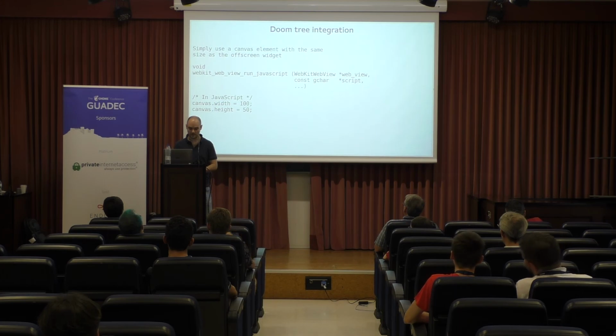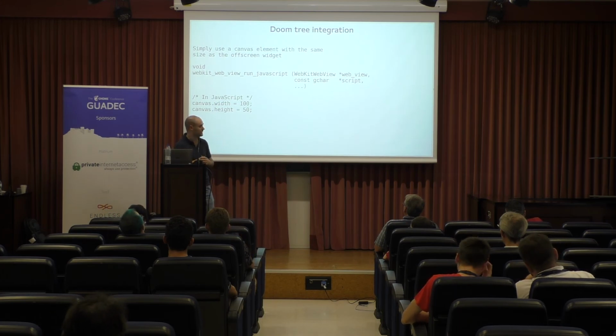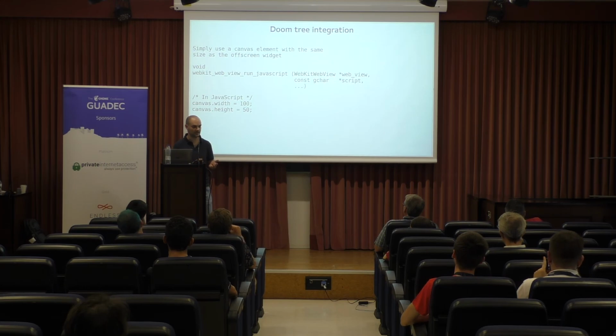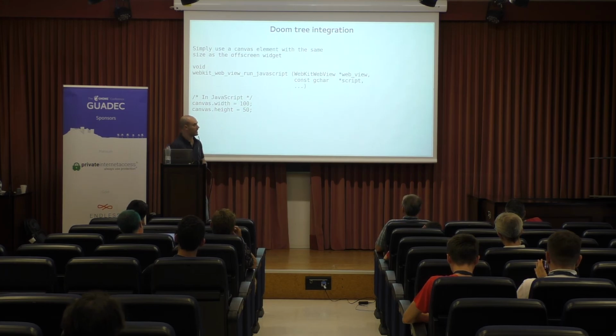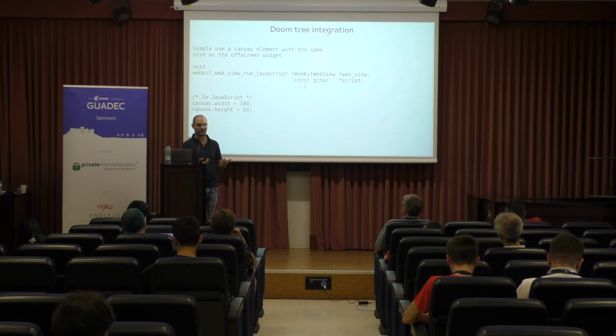So one of the things, if we wanted to use a canvas element, would be that we need to keep the size of the widget synchronized with the size of the canvas element, and that would be done quite easily by running some JavaScript to set the width and height. So every time the size of a widget changes, I run some JavaScript to make the change in the canvas element.